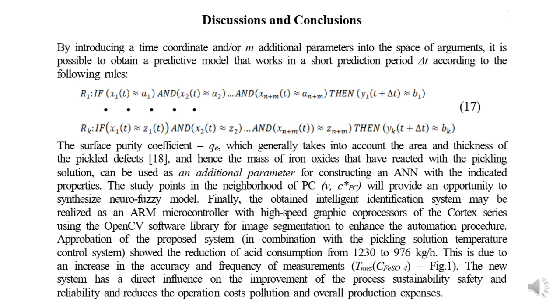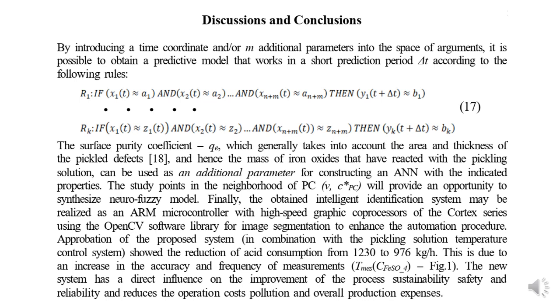Approbation of the proposed system in combination with the pickling solution temperature control system showed the reduction of acid consumption from 1 ton 230 to 1976 kg per hour.